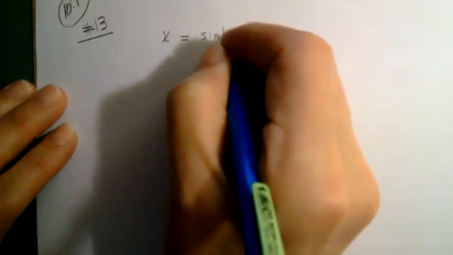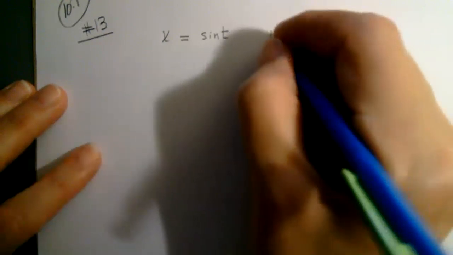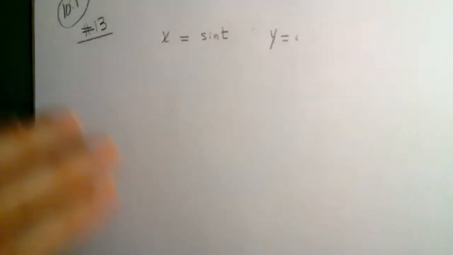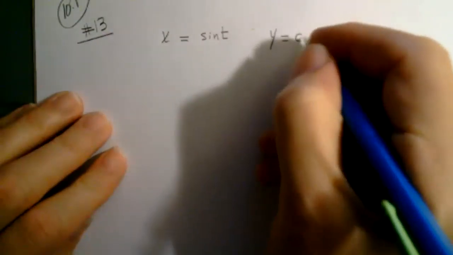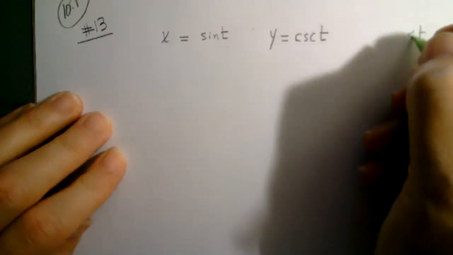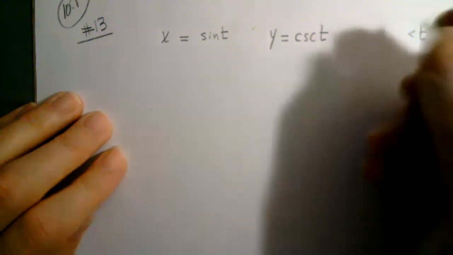So number 13, we have x equal to the sine of t and y equal to the cosecant of t, and the range is t between 0 and pi over 2.